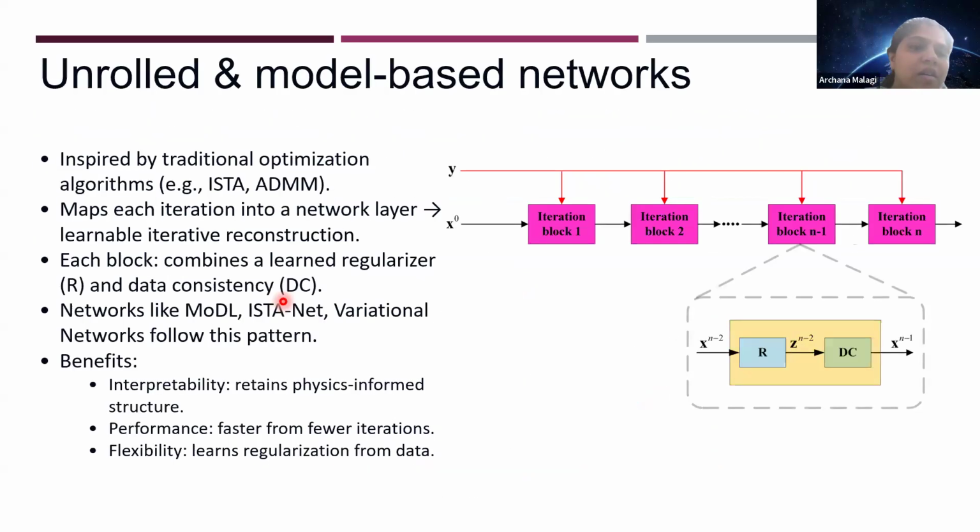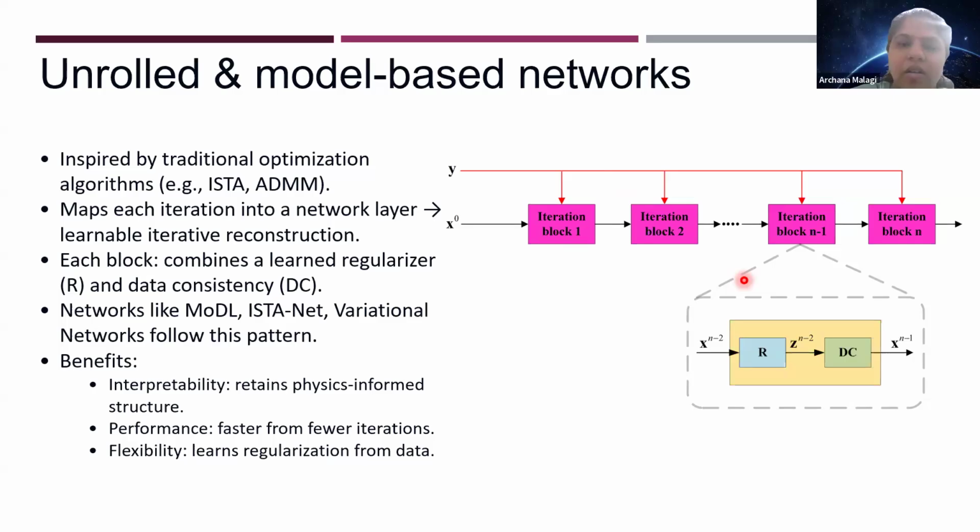Then comes another commonly used architecture, the unrolled model-based network, where you iterate the deep learning network many times. You can see here iteration 1, 2, and each iteration consists of a regularizer and data consistency.